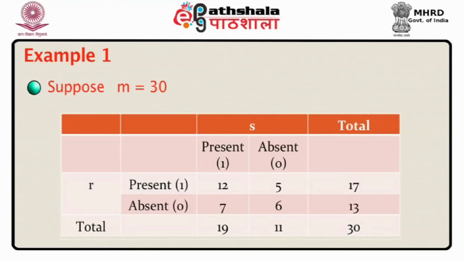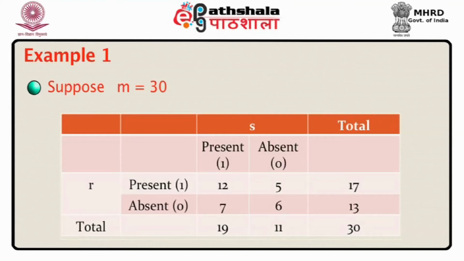So again we can calculate the marginals. There are 17 characteristics which are present for R and 13 which are not present for R. Similarly, there are 19 characteristics which are present for S, but there are 11 which are absent for S, and there are 30 such characteristics.